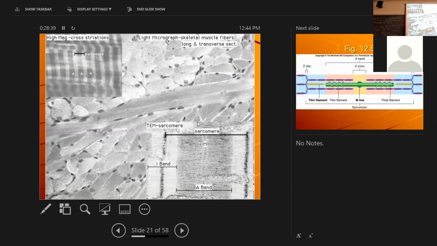There's your A bands, I bands, A bands, I bands, and so on and so forth. And then blow that up even more. Here's your M line, A band, I band. There's your Z disc.